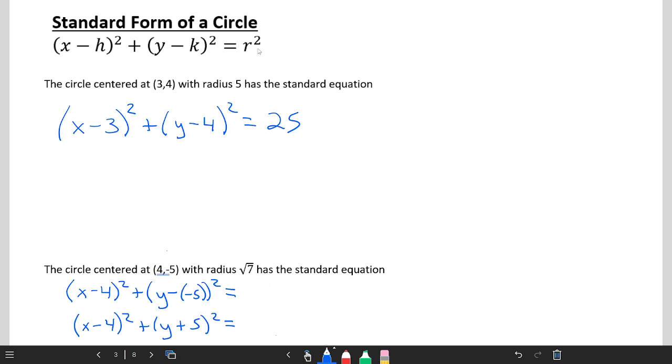And then we're substituting the square root of 7 for r, and it's r squared on the right, so we have square root of 7 squared, which is just 7.